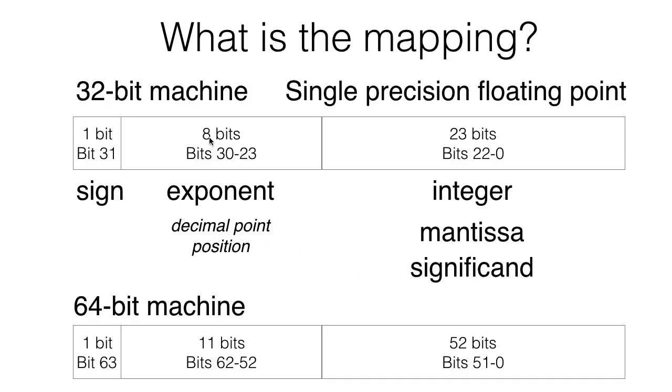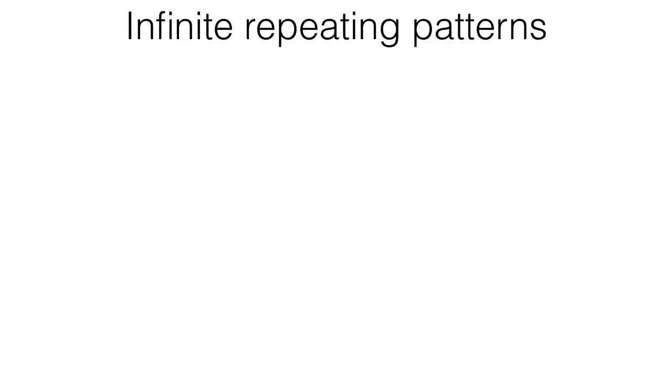Also look at the exponent of what we have. We have 8 bits, and we have 11 bits. We have a limited number of bits available due to the architecture and the constraints of the machine that we're working with. So if you think about a repeating number, let me give you an example. Here's 1/6.